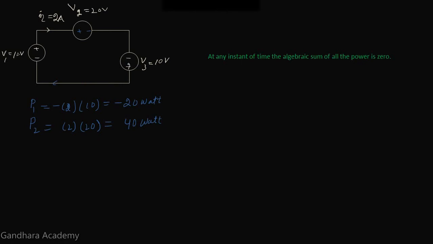And in case of the third component, let's say the power is P3: the current through this component is 2 amperes, and the current here is entering at the negative side and leaving the positive side, so the power in this case is negative. The voltage across this third component is 10 volts, so the power of the third component is minus 20 watts. And this component is also used as a source because its power is negative.